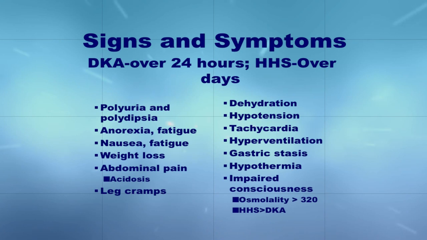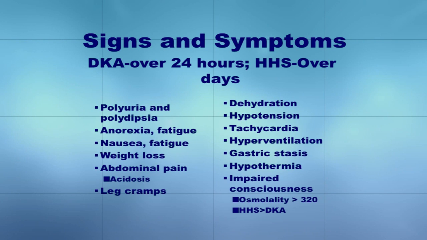The other symptoms and signs are related to dehydration: hypotension, and tachycardia is very prominent, hyperventilation, generally described as Kussmaul respiration, which is deep, rapid breathing, and if you're close to the patient, you may be able to smell acetone, a fruity smell.